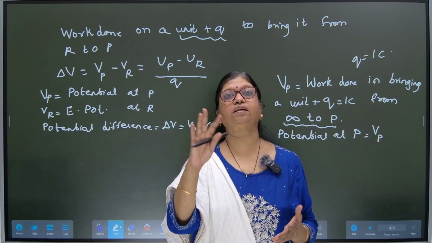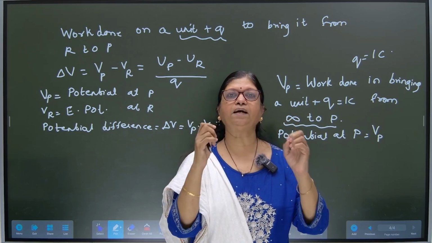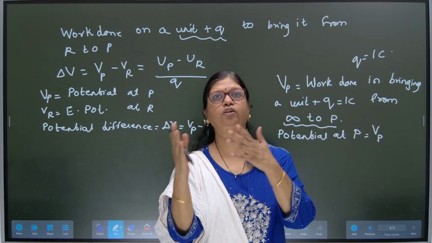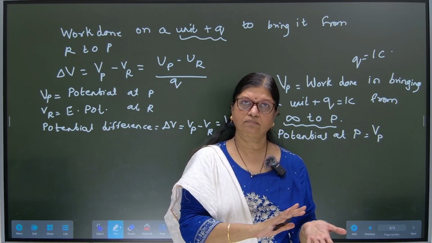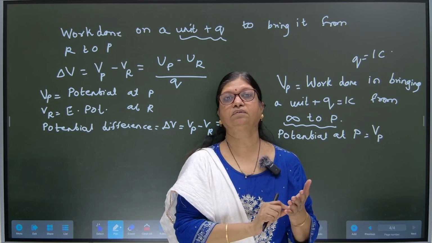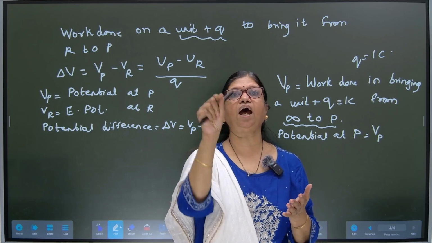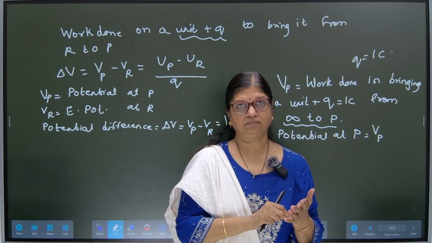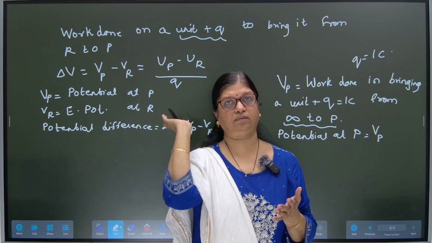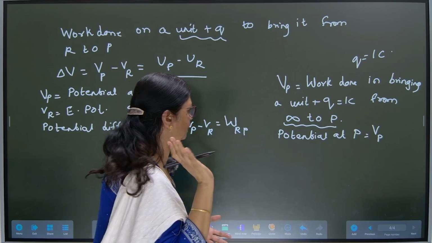Agreed? Potential energy is bringing some charge of some small value from one point to another. And what is potential? It is bringing a unit charge of value 1 coulomb from one point to another. That's all. I'll just write it in short.